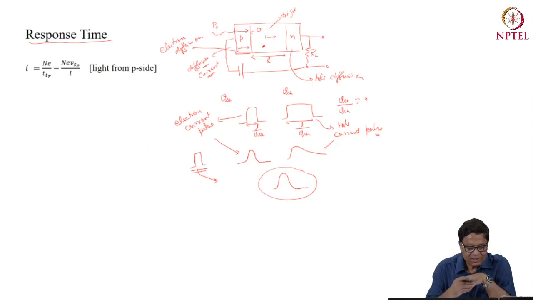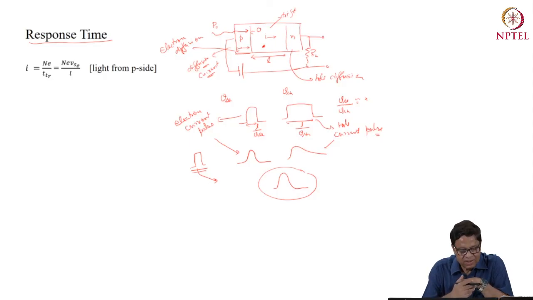So the current which is generated when the light falls from the P side is n number of electrons into E divided by the transit time, the time it takes to travel the device, which for electron is n into E. T transit is L divided by VSC.